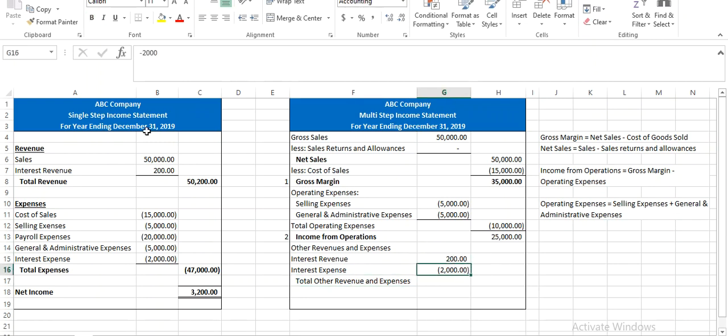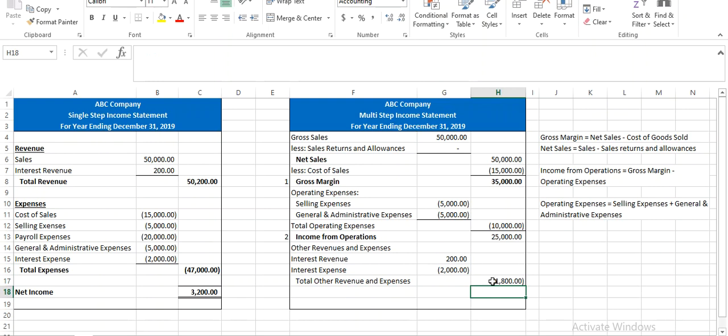Just as with the single step income statement, the revenue does not have a negative sign in front of it or brackets, and the expenses have a negative sign in brackets. So when we transfer it over, it has to do the same thing. So our interest revenue and our interest expense, we add them together, this plus that, and we get a negative 1,800, which is correct.